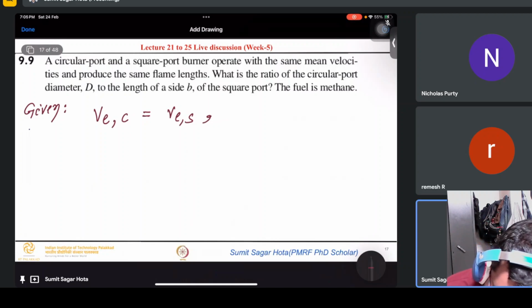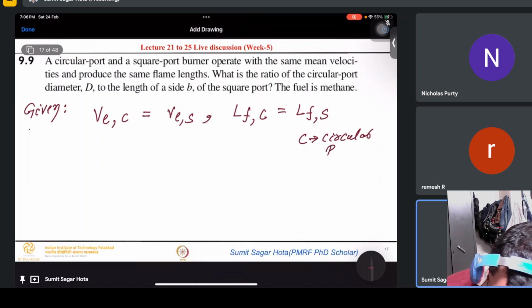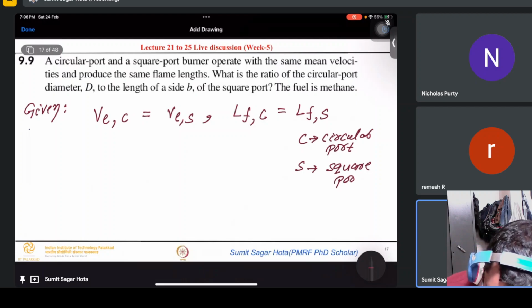Okay. F is flame length, port, flame square, flame.